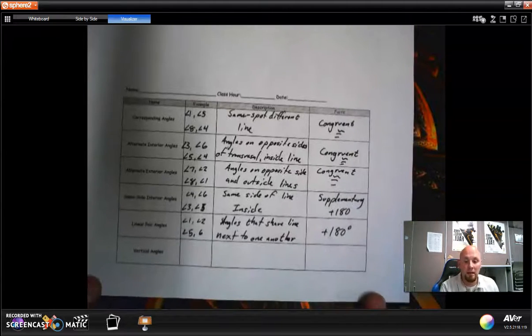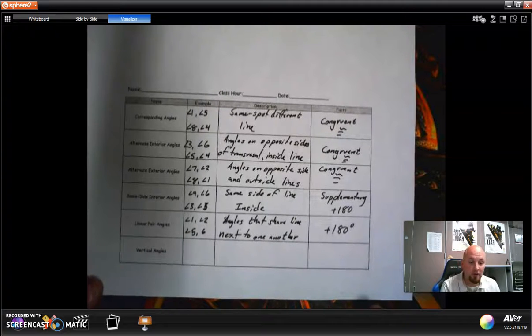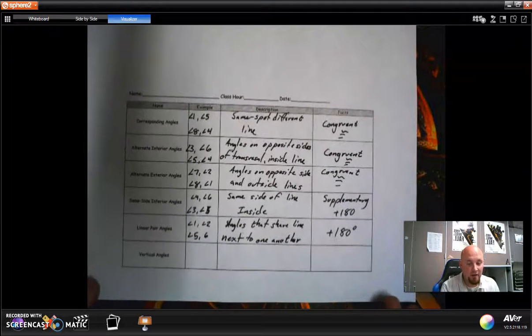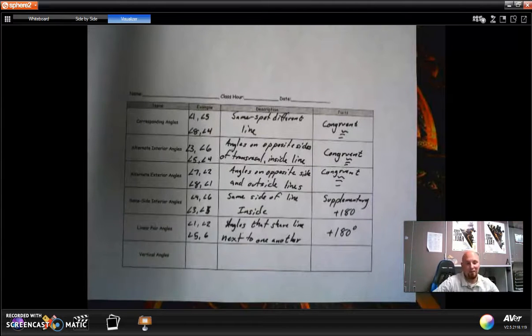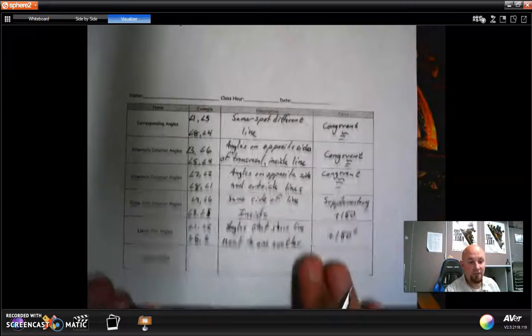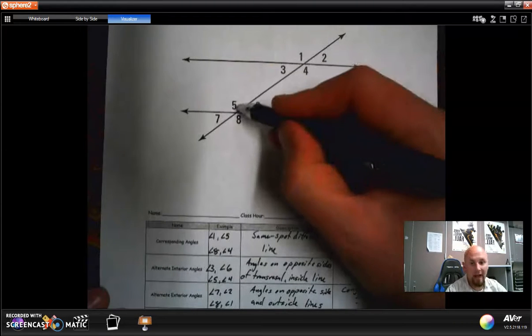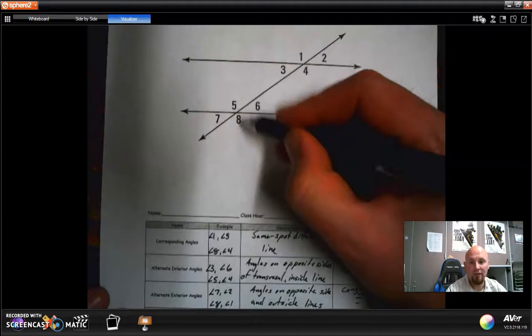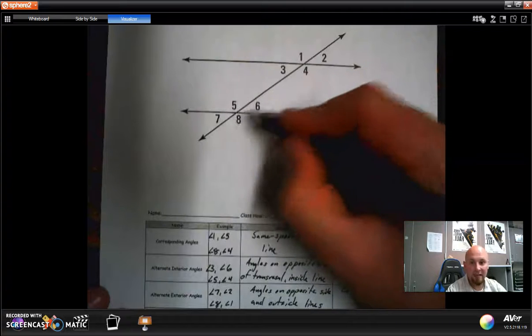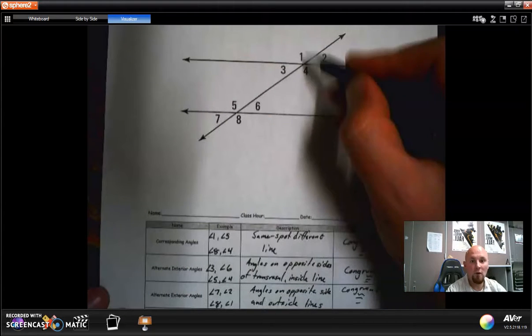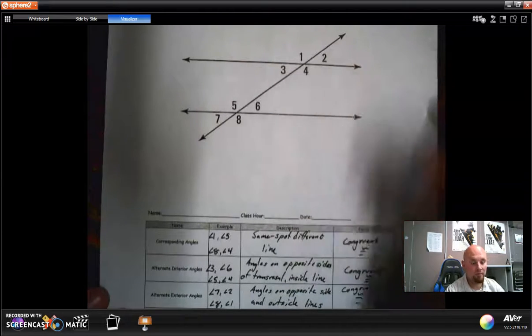Okay. The last one are vertical angles, which I kind of explained at the beginning of this video. Vertical angles, I have to get up and do a motion here. Vertical angles are angles that are crisscross from one another. So for example, 5 and 8 are straight across from one another. 7 and 6, 1 and 4, 3 and 2.